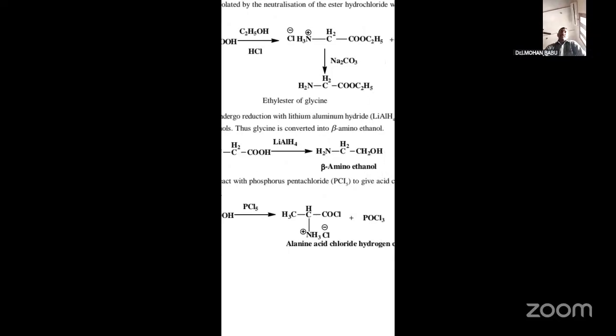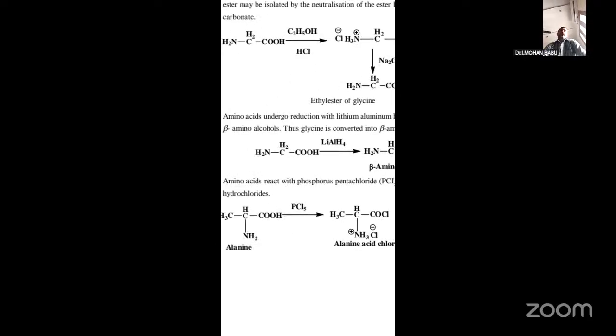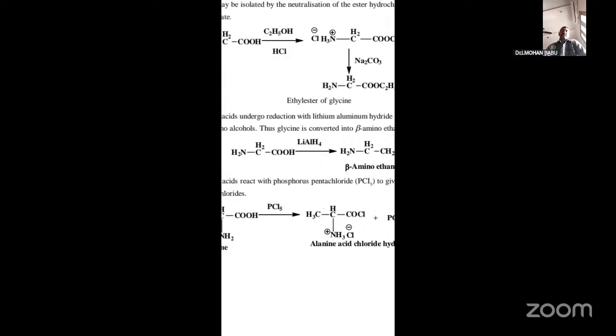And when this carboxylic acid gets reduced with lithium aluminum hydride, you will get the beta amino ethanol. Beta amino ethanol is obtained by treating with the non-selective reducing agent lithium aluminum hydride, a very strong reducing agent.